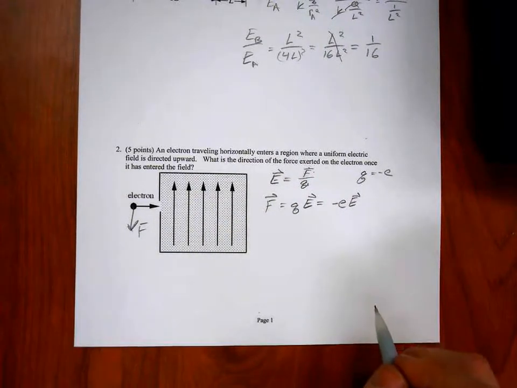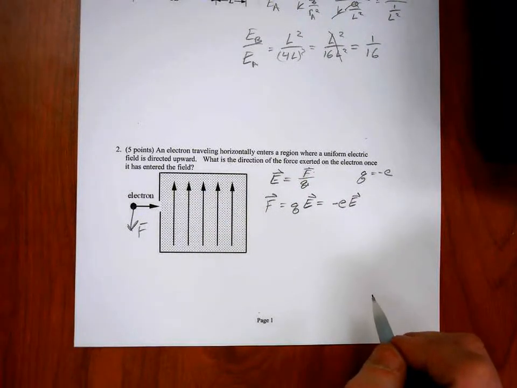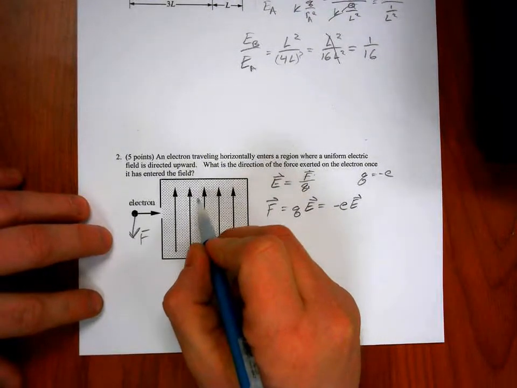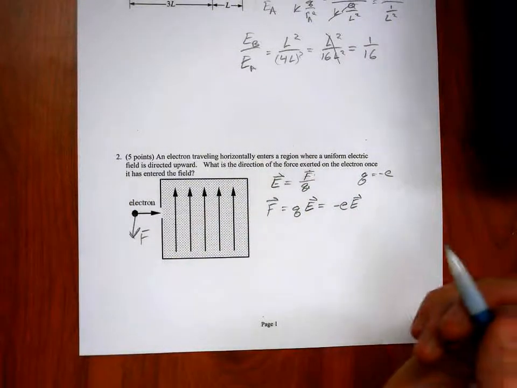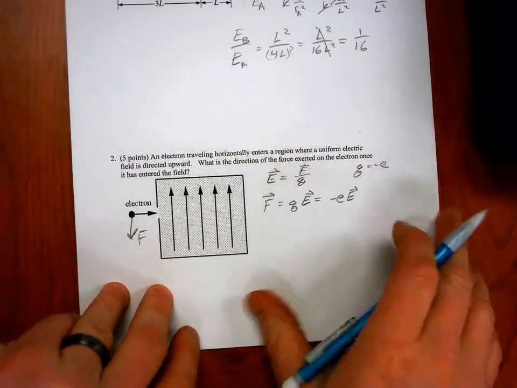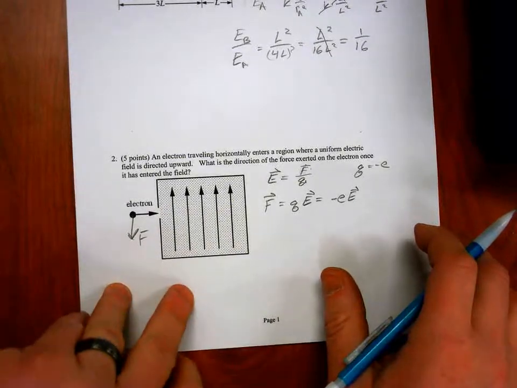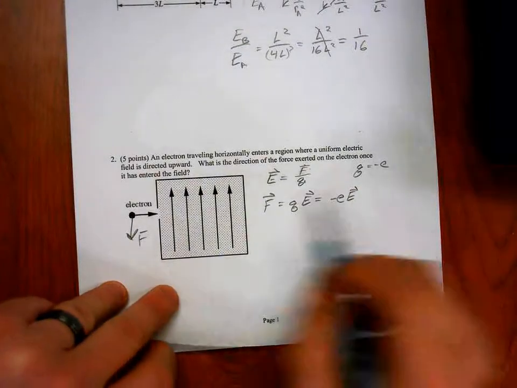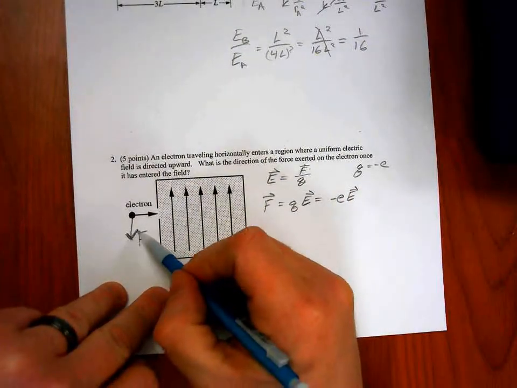Now you can always remember that a positive charge moves in the direction of the electric field, and a negative charge just does everything opposite a positive charge does. On questions like this, I would like you to show something to show you understand what's happening and you're not just guessing.